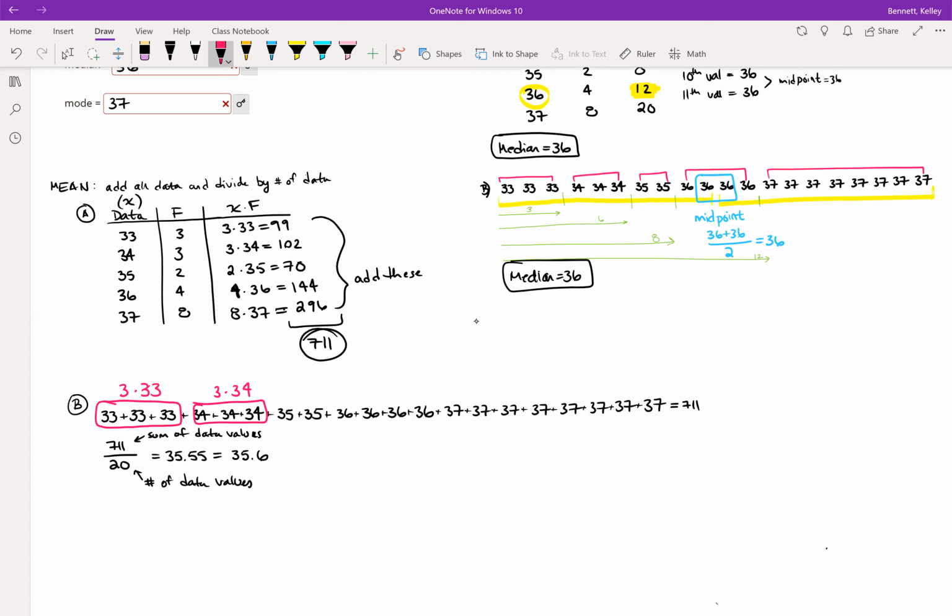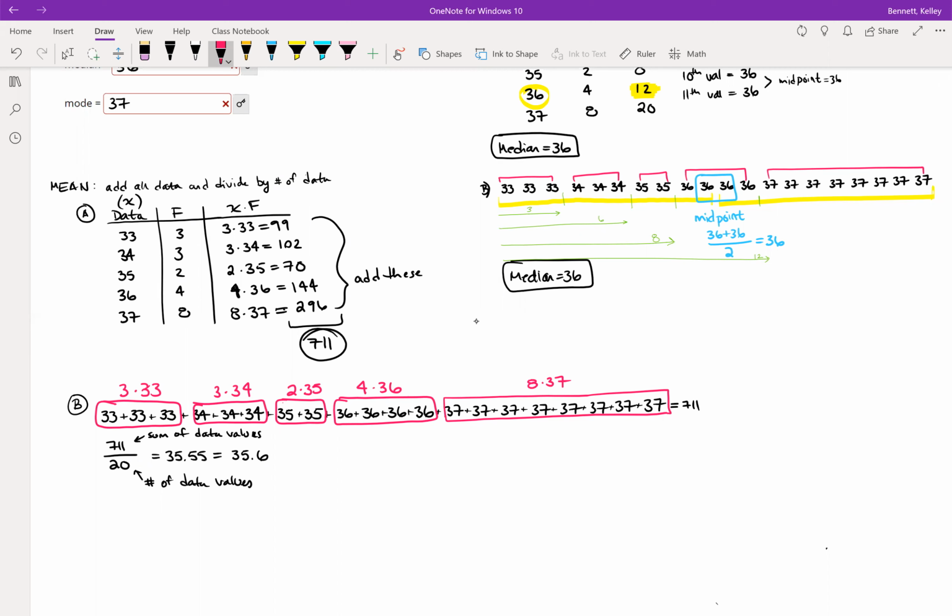If I add 35 together 2 times, that's the same as 2 times 35. If I add 36 together 4 times, that's the same as 4 times 36. And then my 37s, this is the same thing. If I'm adding them 8 times, that's the same thing as saying 8 times 37.